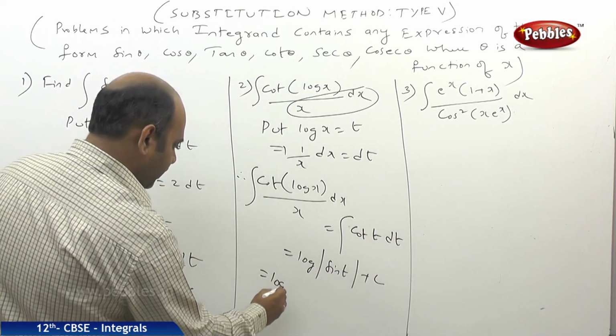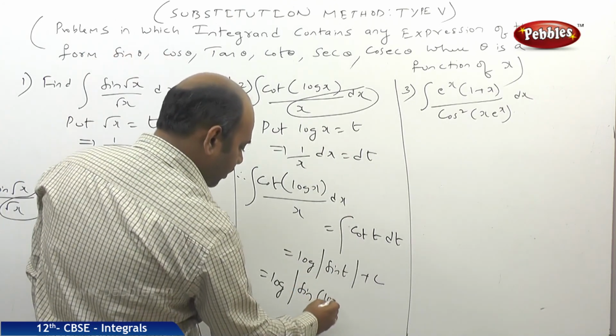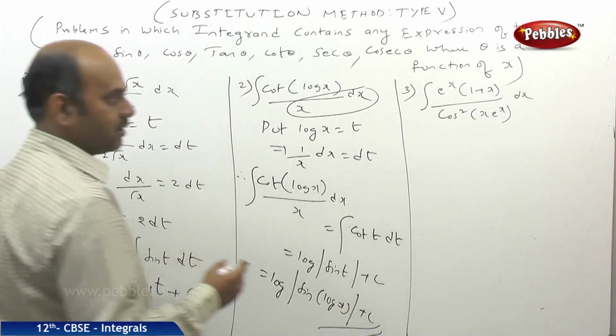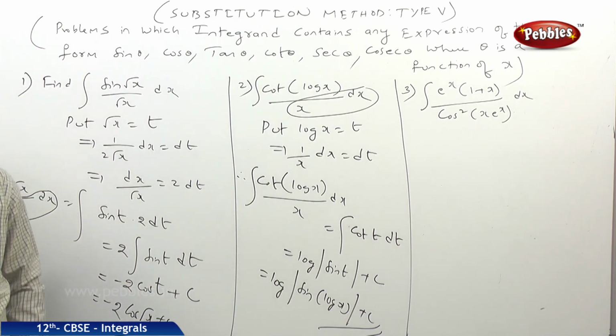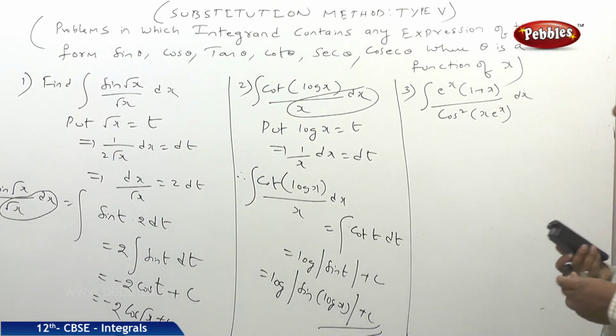But in place of t, what do we need to substitute? In place of t, log x. So log mod sin of log x plus c. Right? Now this is a very important problem. This problem has been asked in many competitive exams as well as your CBSE examination.